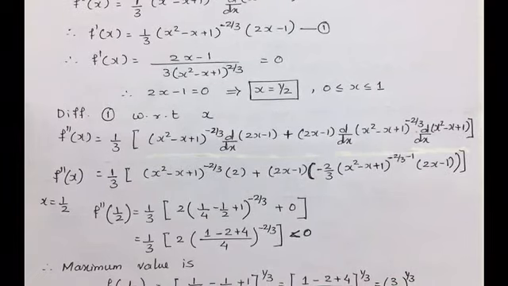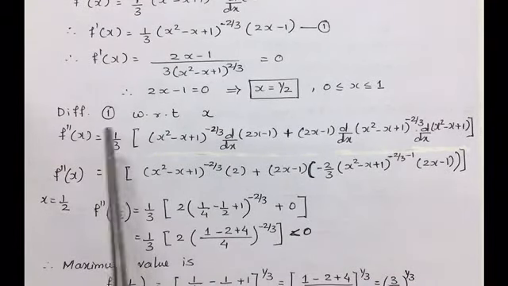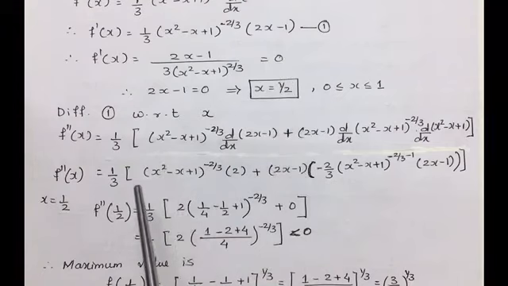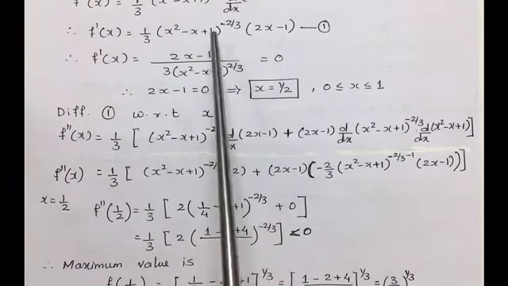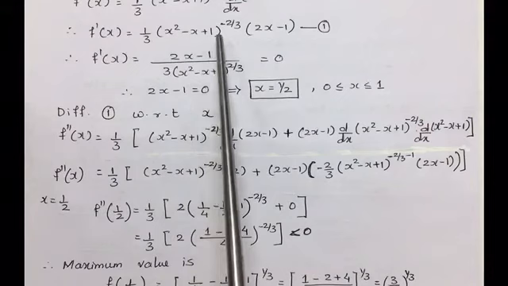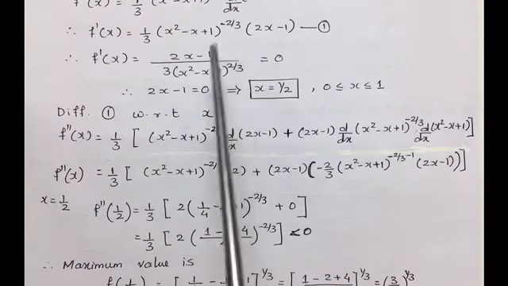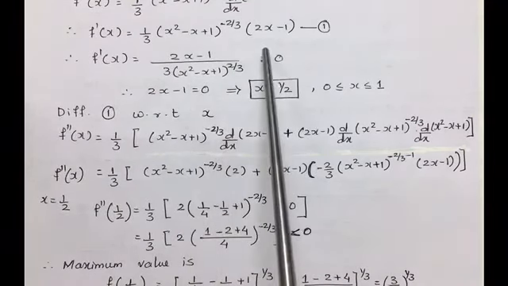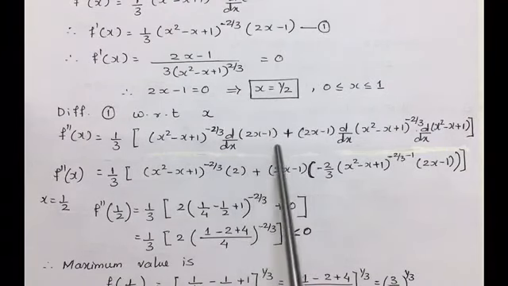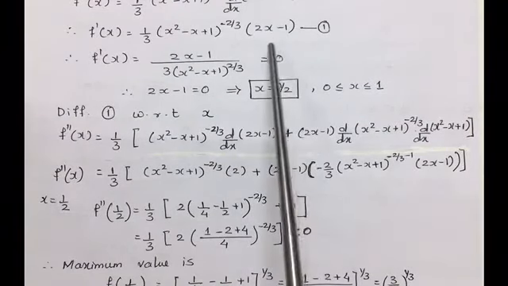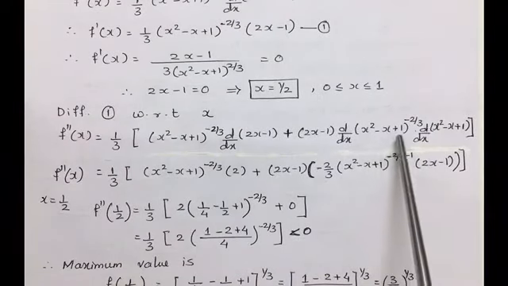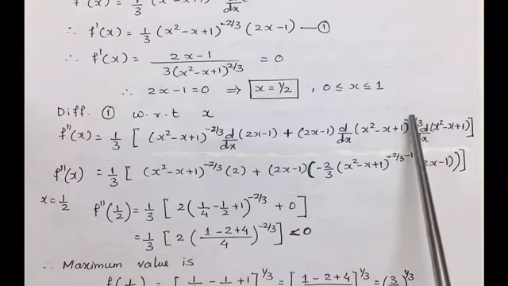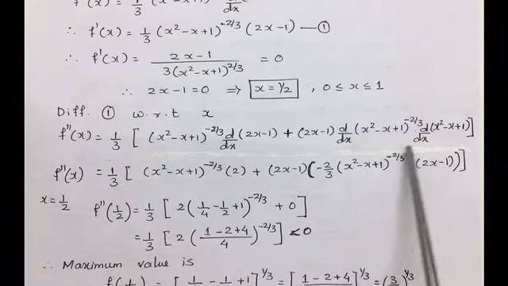Now second derivative is taken up by differentiating the first statement with respect to x. So using the multiplication rule, first (x square minus x plus 1) raised to the power minus 2 by 3 is kept as it is, d by dx of (2x minus 1), plus (2x minus 1) as it is, d by dx of (x square minus x plus 1) raised to the power minus 2 by 3. Chain rule is used here.